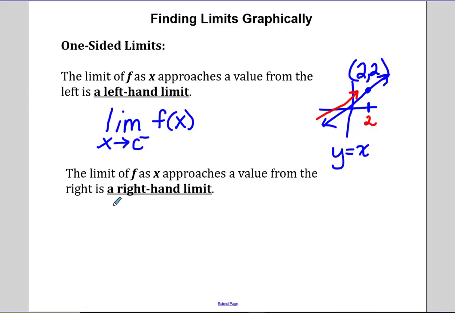And similarly, the limit notation from the right would look like the limit as x approaches c from the right, so I've got a little superscript plus sign, of f of x. In this example, if I'm looking at the limit from the right, I would be heading toward 2 from the right, which would still be 2 in this case.